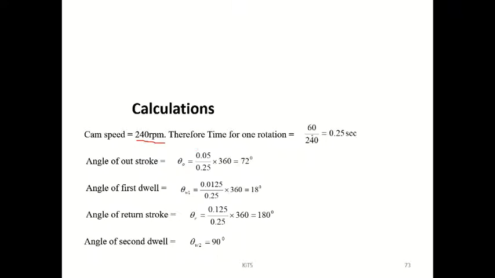how much rotation will it have, or in other words, for one rotation how many seconds will it take? For 240 rotations it is taking 1 minute, that is 60 seconds.